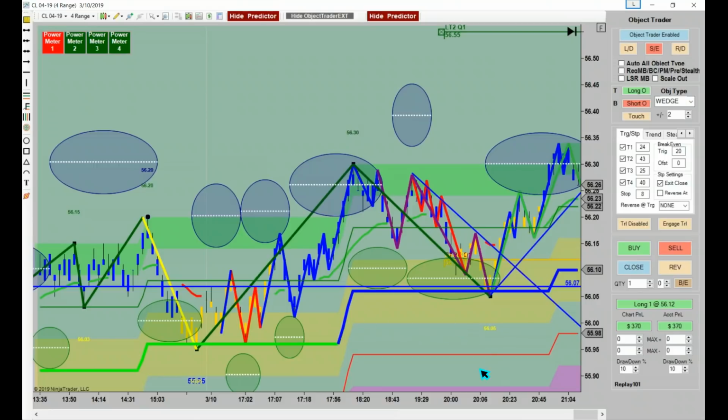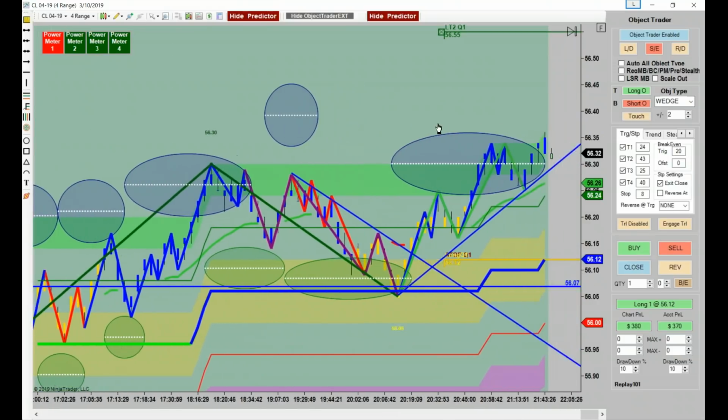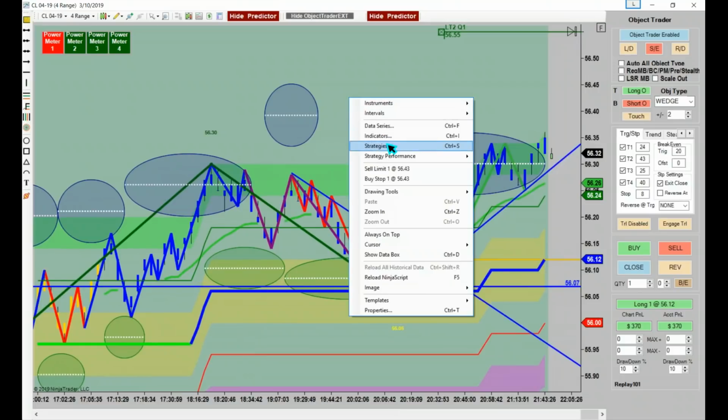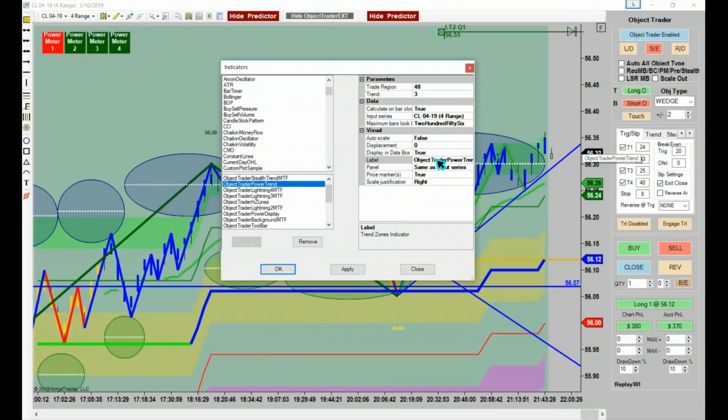Is there a way to adjust the mid-band color? I cannot see the light green color. Paul, on your question, you can't with the indicator that we've got right now, but on Ninja 8 you can. Yeah, see, this one doesn't let you. Well, that might be Object Trader. Just a second.